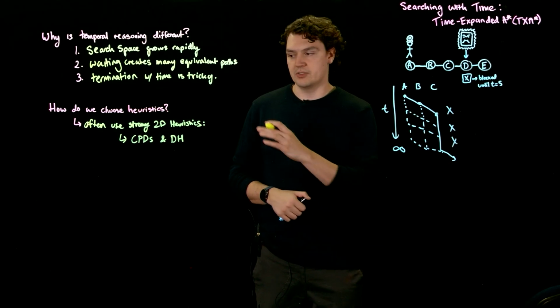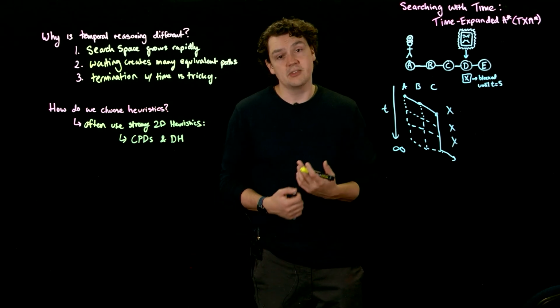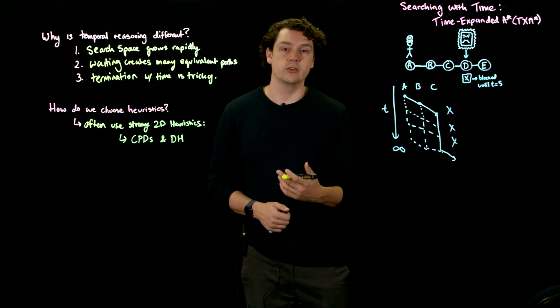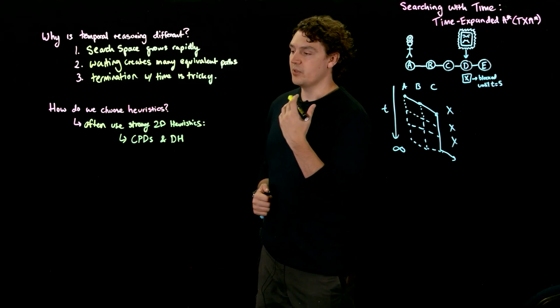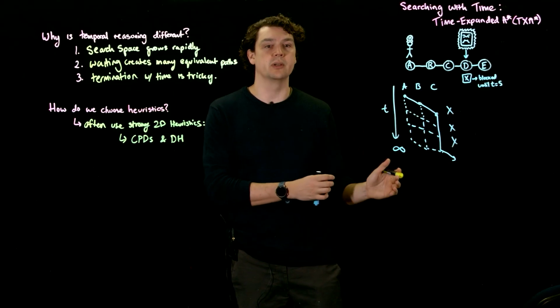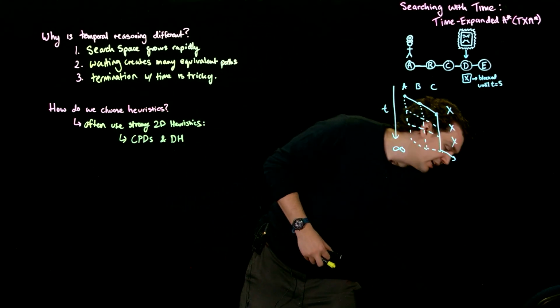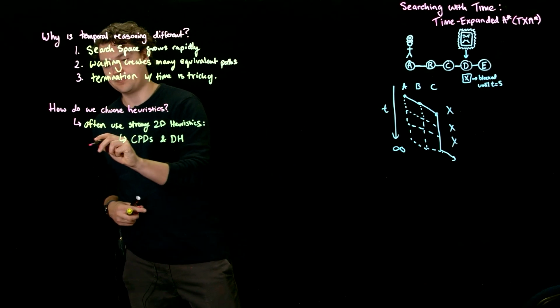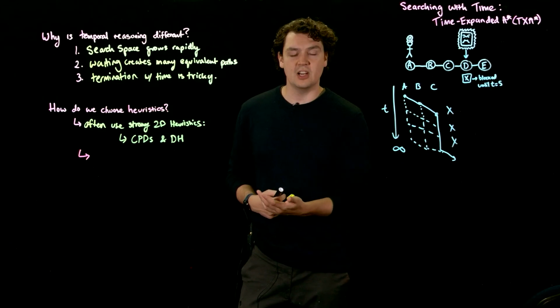In the case that you don't have the time or the resources for CPDs, differential heuristics definitely help, but they also still have their own components. You need to already have precomputed the pivots and have that stored. So what's kind of interesting in these domains is that we often just run essentially the 2D heuristics, but in an online setting.